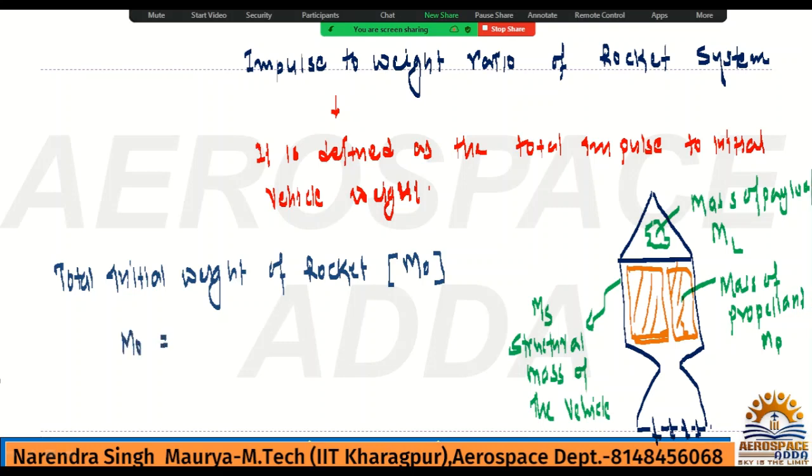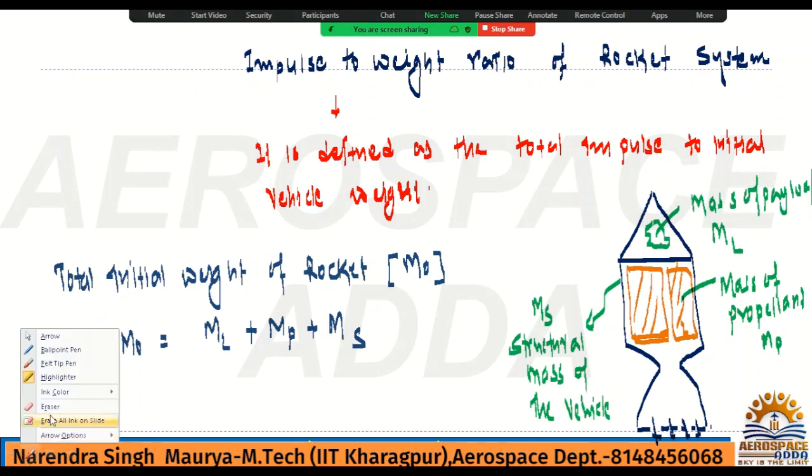M naught is nothing but, you check, starting from the top, it is ml, the mass of the payload. Then the mass of the propellant mp plus the mass of the structure. You need to remember this because now we are moving towards the numerical part.